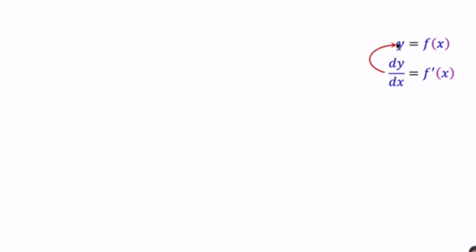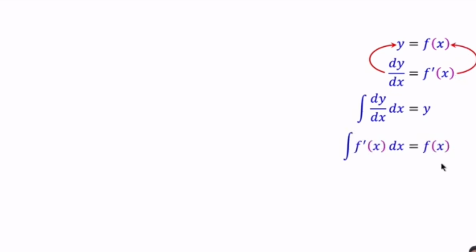Alright, so let's have a look at the concept first. If you are given dy/dx equal to f prime x, when you integrate dy/dx, you will get y. This is a very basic concept whereby integration is the reversing process of differentiation.